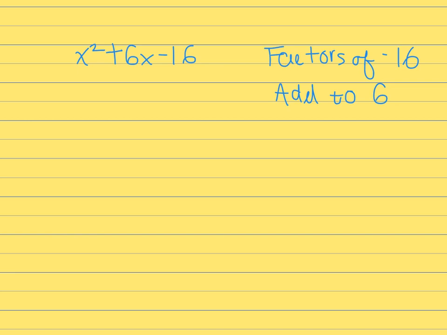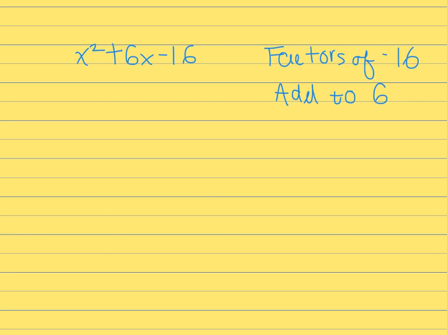The last time I knew it was going to be positive factors, so I only listed the positive factors, but now we really need to list both positive and negative numbers because we want factors of a negative 16.